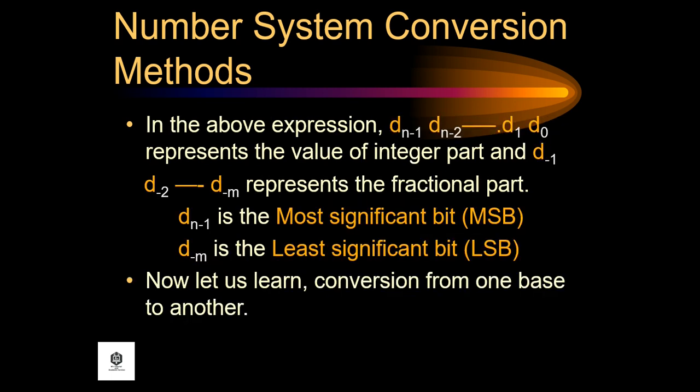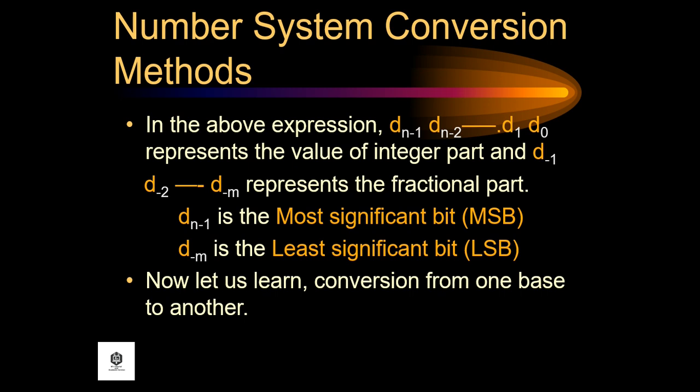In the above expression, d n minus 1, d n minus 2, then d1, d0, d negative 1, d negative 2, and so on, up to d negative m, represent the fractional part. d n minus 1 is the most significant bit, or MSB. d negative m is the least significant bit, or LSB.